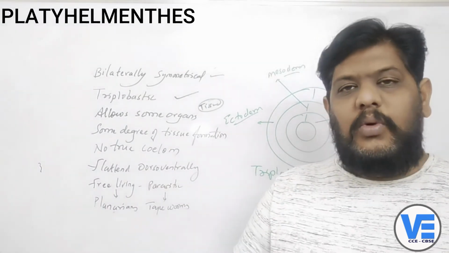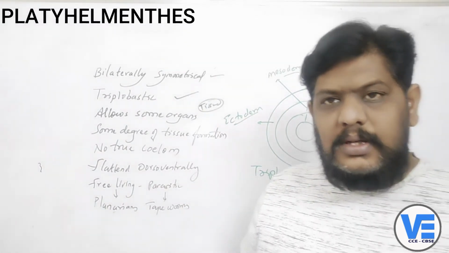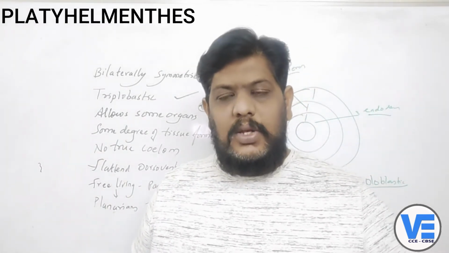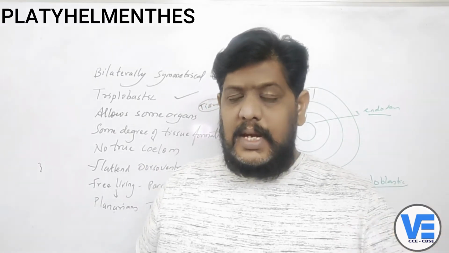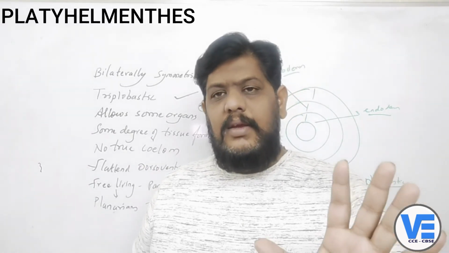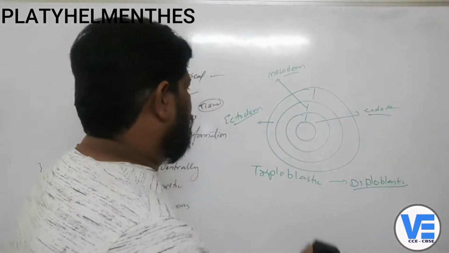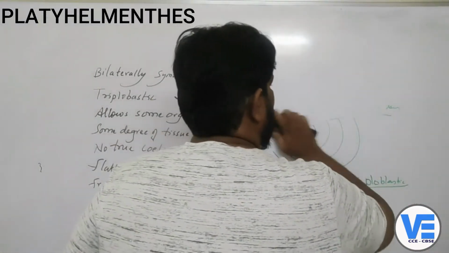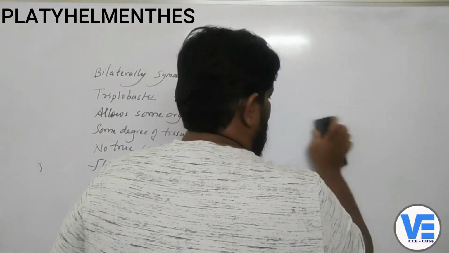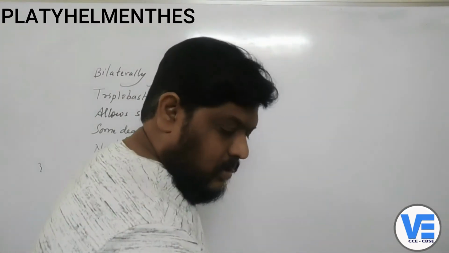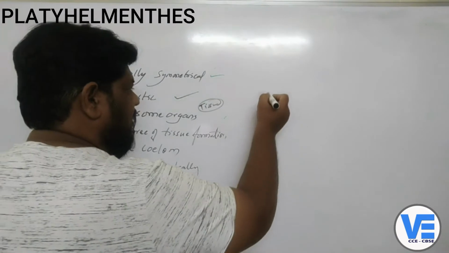Now coming to what is coelom. Yesterday we learned about the coelom in Coelenterata, where there is a coelom in the body. Now we'll try to understand what the word coelom means.